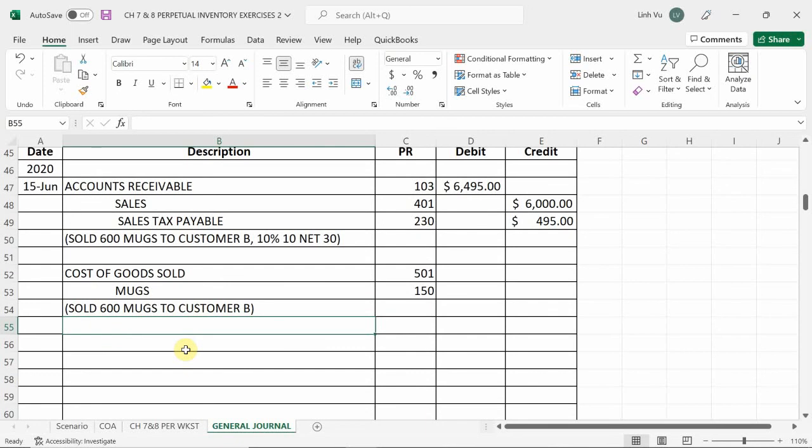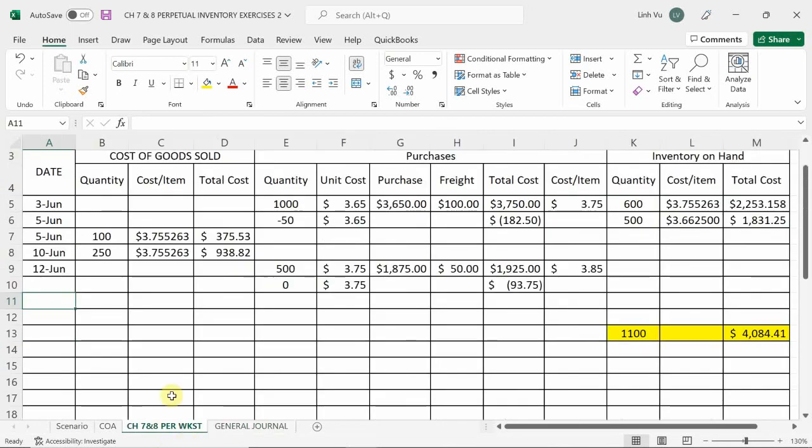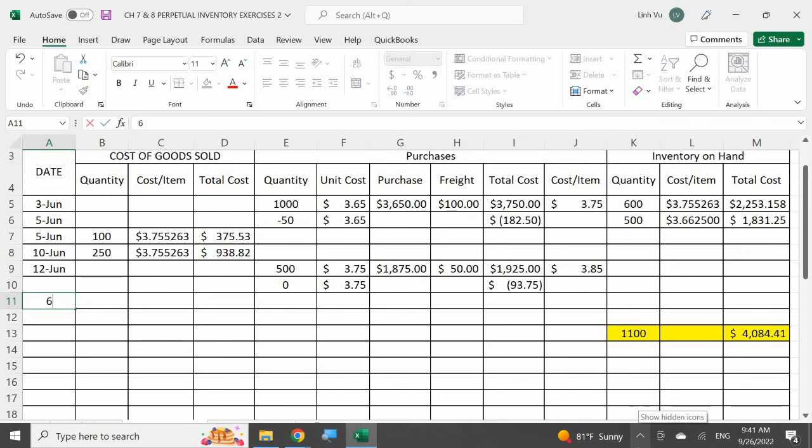Okay. So let's go back to my inventory worksheet here. Today is the 15th, and we sold 600 units. Now, using the LIFO method, how am I going to sell 600 units?